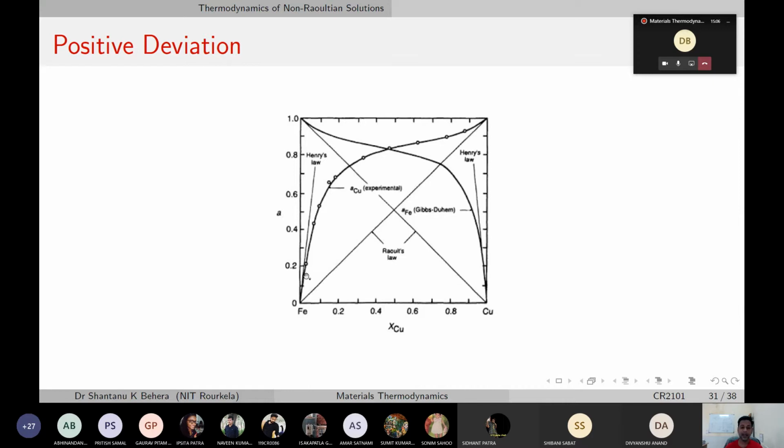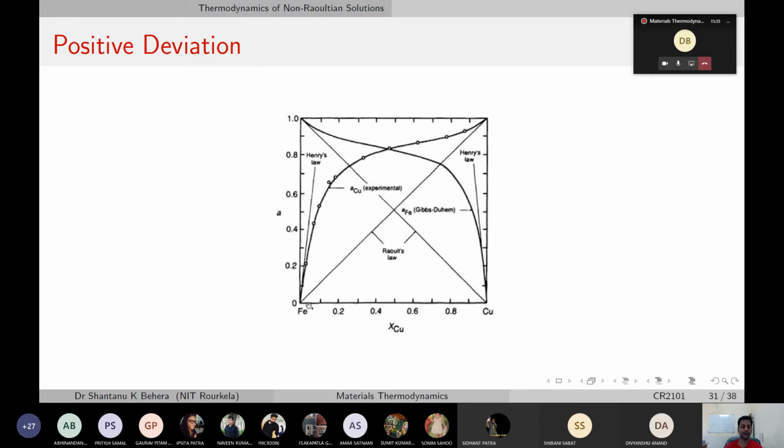And here also you could see that the concept of Henry's law can only be applied in the dilute solution regime, and beyond that the straight line doesn't follow. It actually bows down. Same thing for the activity of iron, which can be seen only through a very small region, which is about 5% iron in copper.